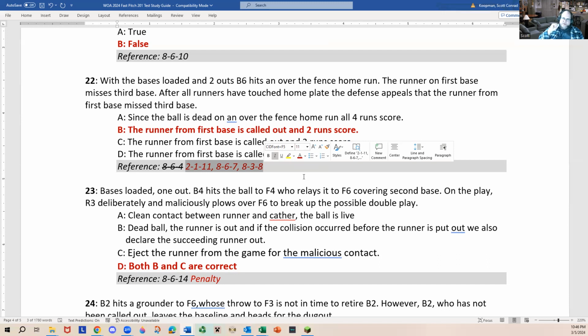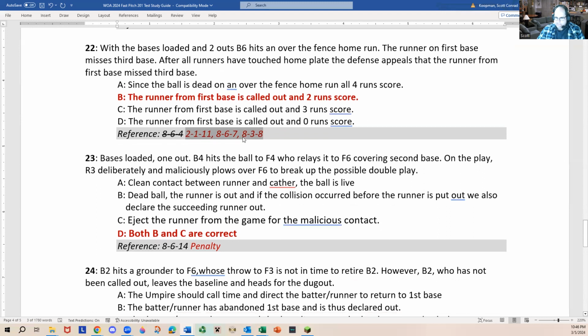So we take away the run from the person who missed the base, got called out, and we take out the run from the runner that was behind that person, because that out is the last out of the inning. In other words, runner from first base is called out. The 2 runs ahead of her score. The one who hit the home run does not score. And you can go through this definition and these rules to check it out. I looked at 864 and it was no help whatsoever.